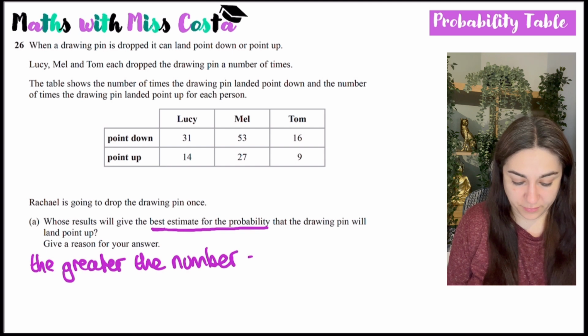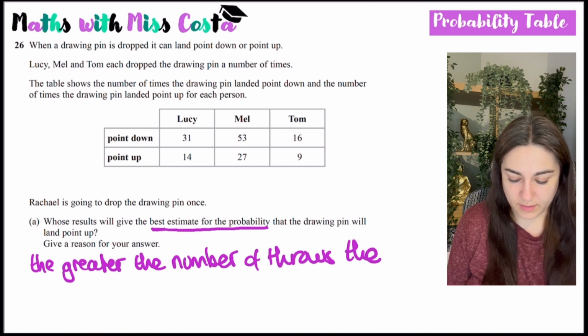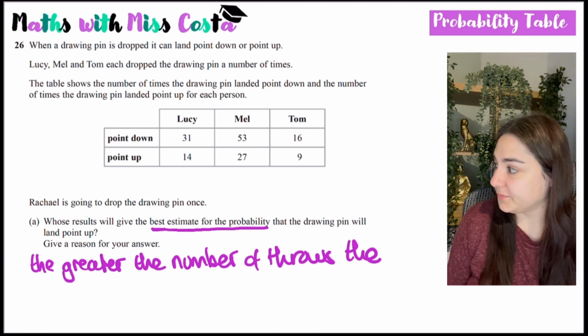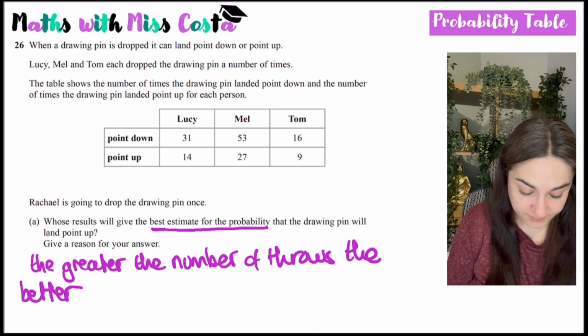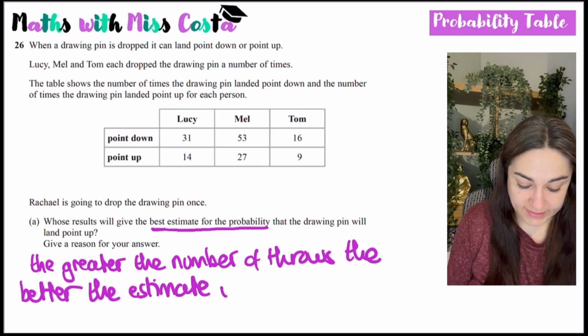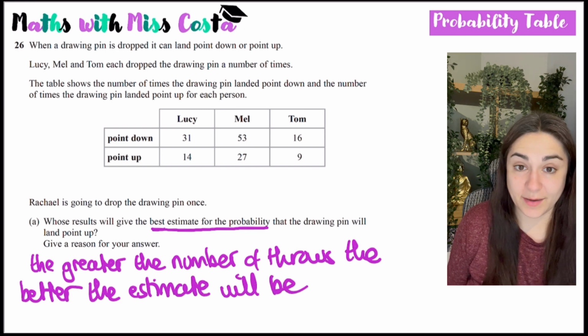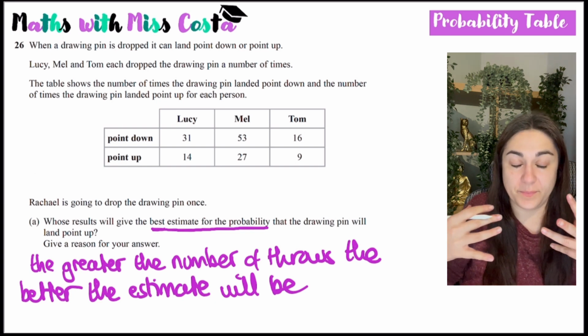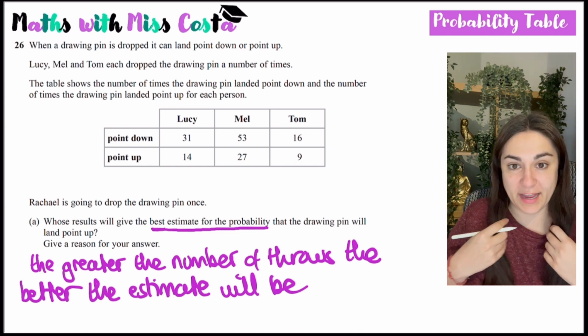Now, the greater the number of throws, the better the estimate will be. So this applies to anything. The more times you try something, the closer you get to working out the actual probability of it happening.